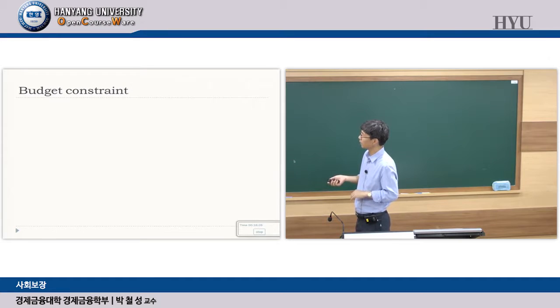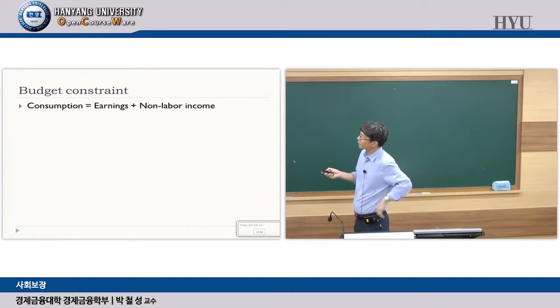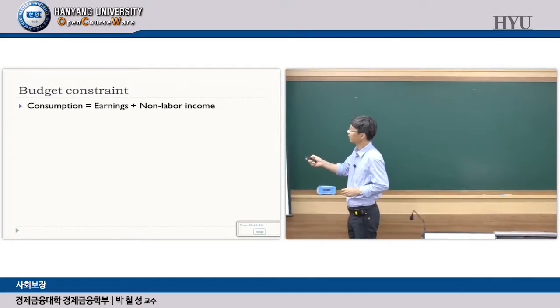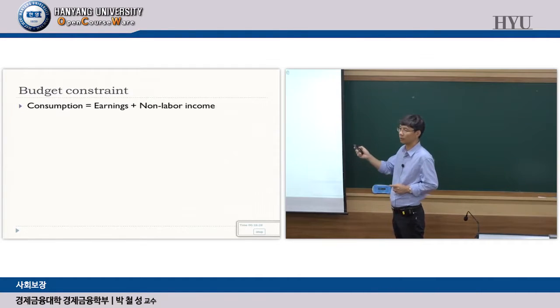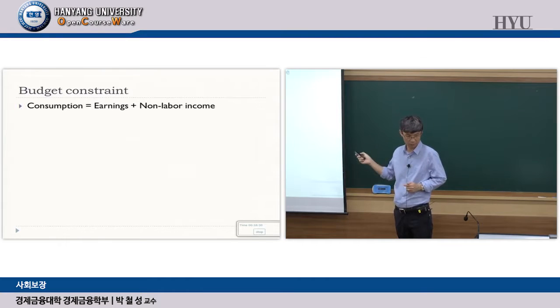Now let's write down the budget constraint. Since we assume no saving, this person's consumption should be equal to the income. Income has two parts: one part coming from work, the other part coming from not working. The part coming from work we call earnings.